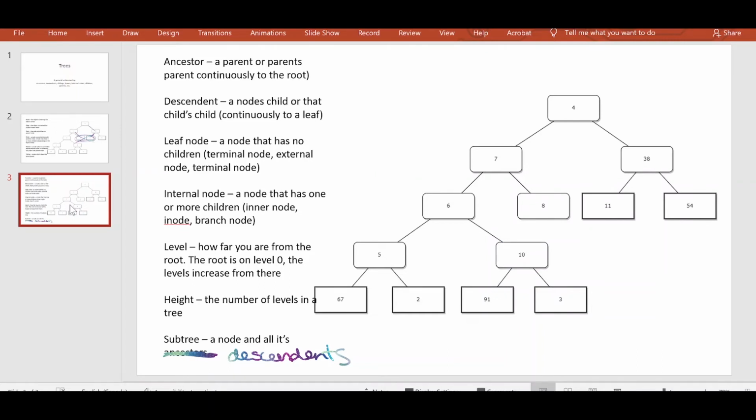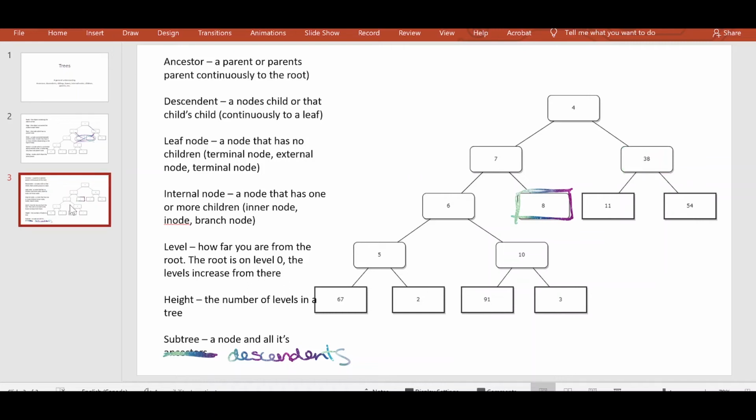We also have internal nodes and leaf nodes. Any node that has a child, any amount of children, 1 or more, that makes it an internal node. So 38 is an internal node because it has children. Actually, everything on this tree that isn't an oval is an internal node, except for 8. This is not an internal node because it doesn't have children.